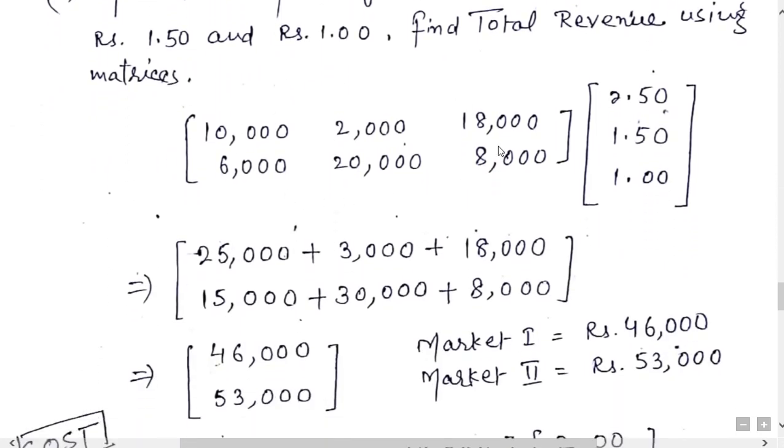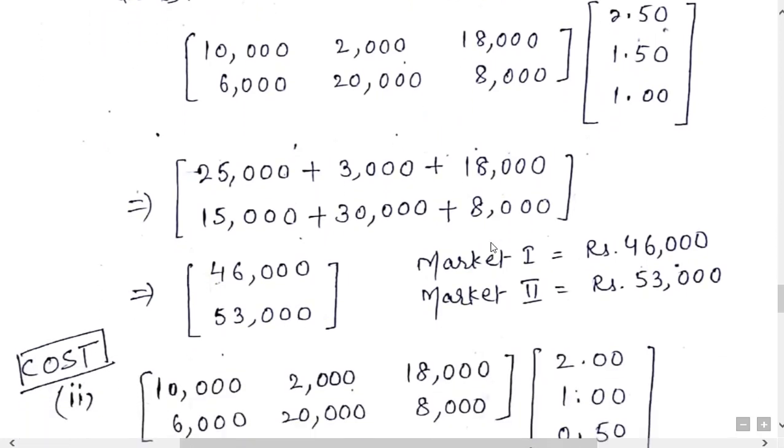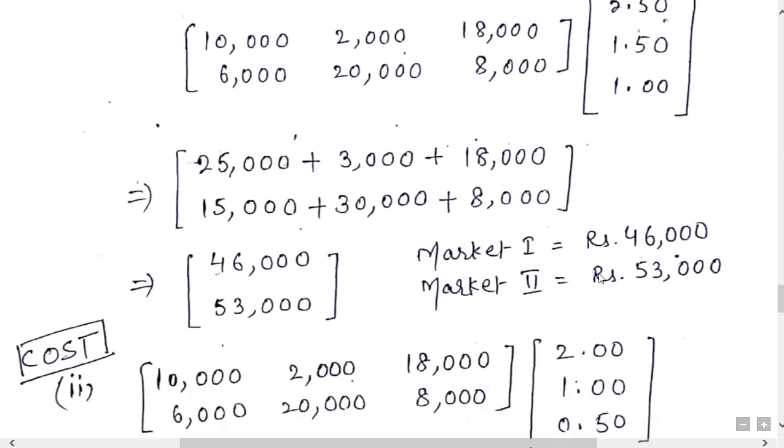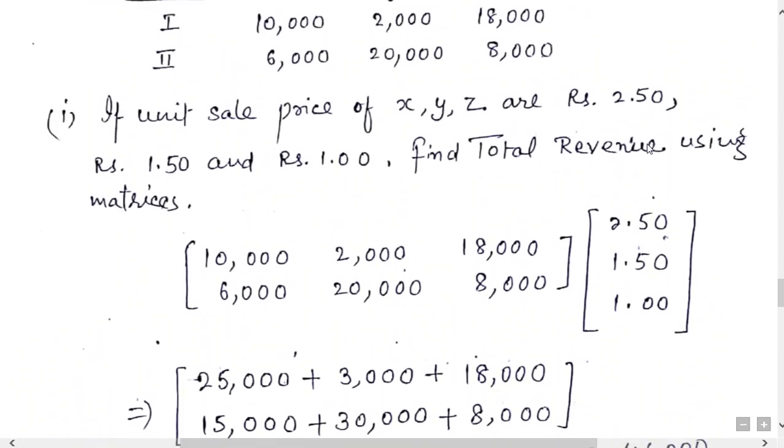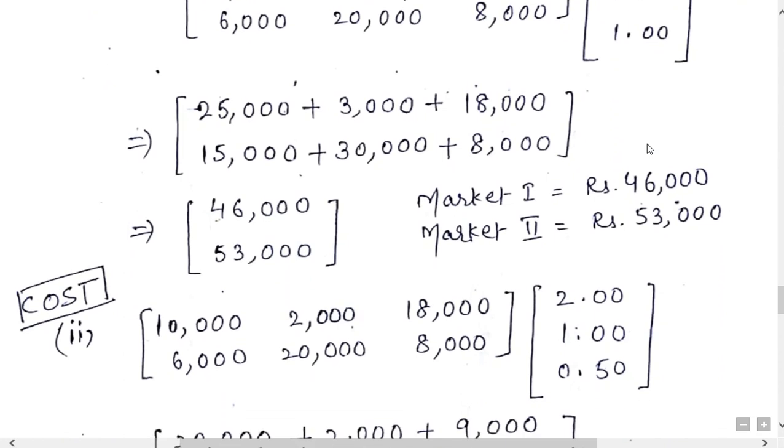The above contents are already in matrix and you have to produce one column matrix, then multiply the values and add. You will get the answer as your revenue in both the markets. For first market it's 46,000, for second it's 53,000.